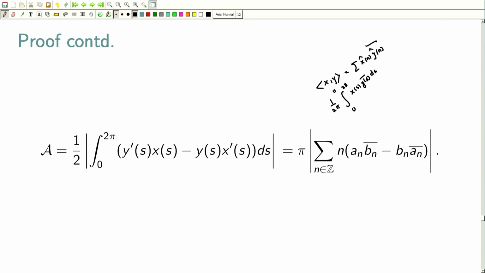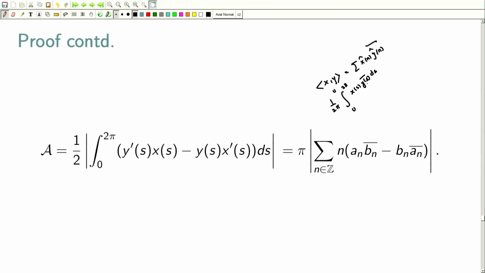Now if I replace y by y prime, then recall the Fourier series of y prime that we had seen: i n b n e to the power i n s.